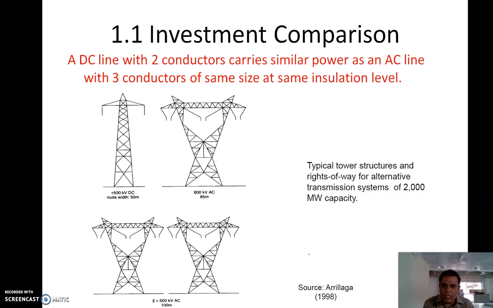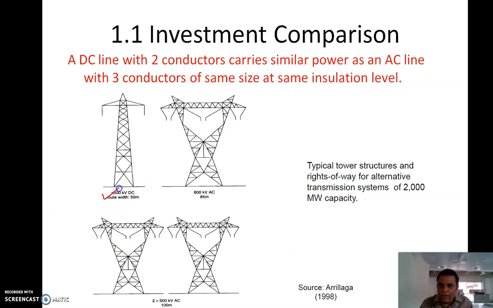Same insulation level means if you want to insulate 500 kilovolts or 800 kilovolts, and if you want to transmit, let's say 2000 megawatt capacity, from point A to point B, the DC line will require only 2 conductors, whereas the AC line will require 1 extra conductor. Okay, so you can see the comparison here.